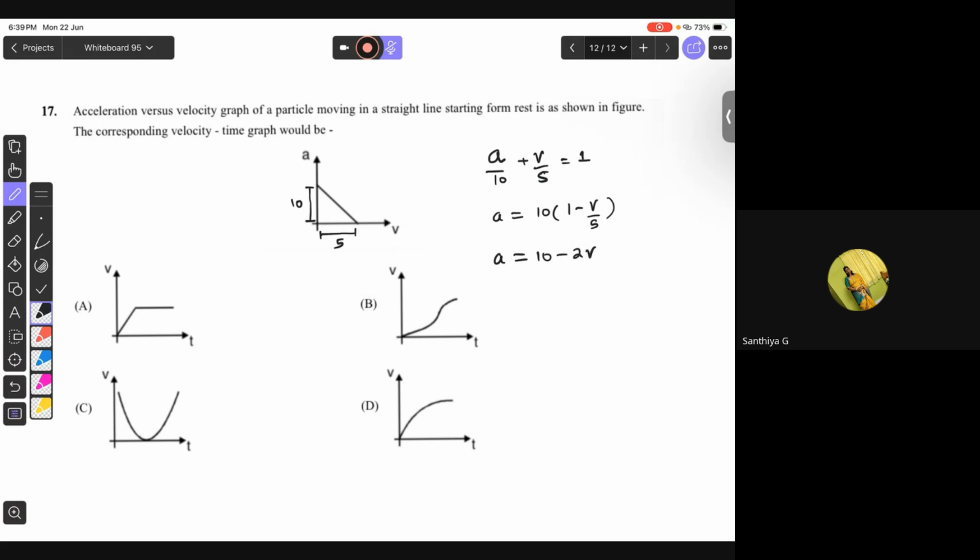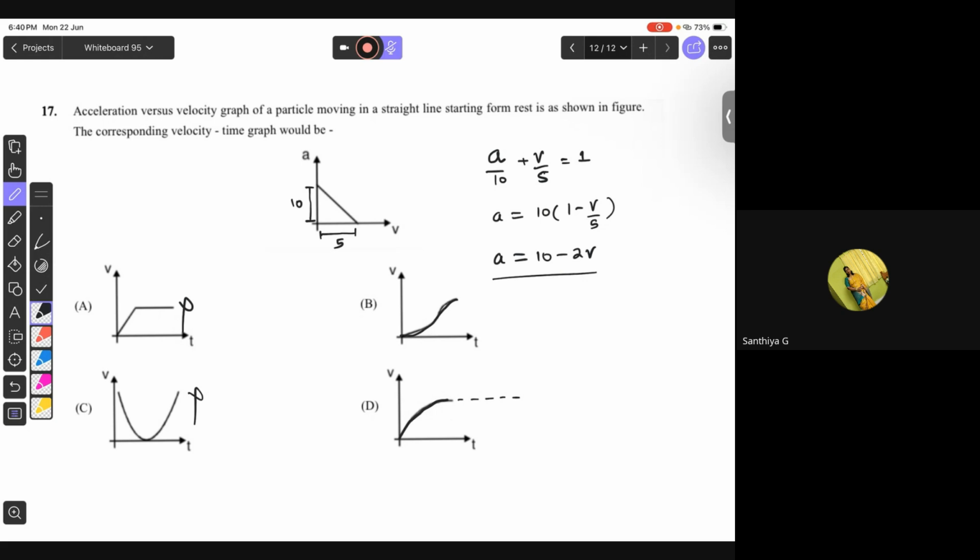So it is the same as the old form. Same like earlier, the graph will be an exponentially increasing graph, not like a straight line, not a parabola. Obviously not like this. It has to increase, and then it is supposed to become constant. So option D is correct here.